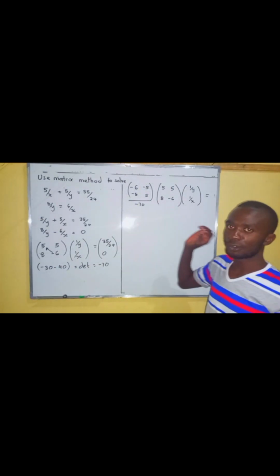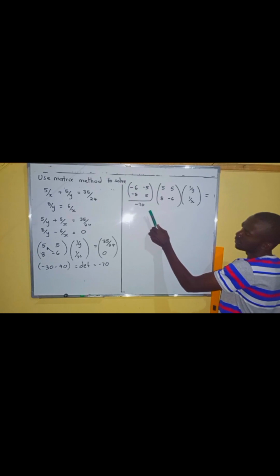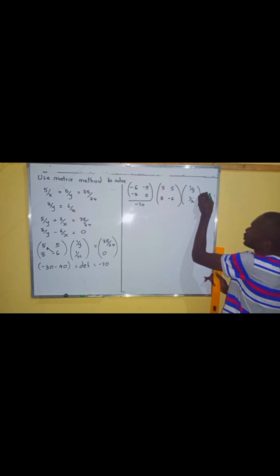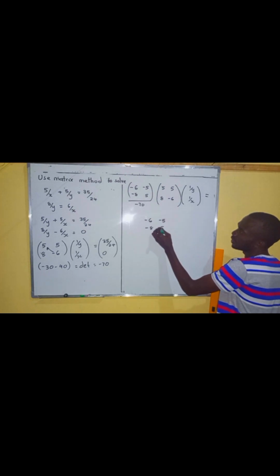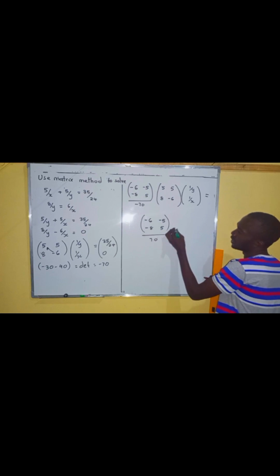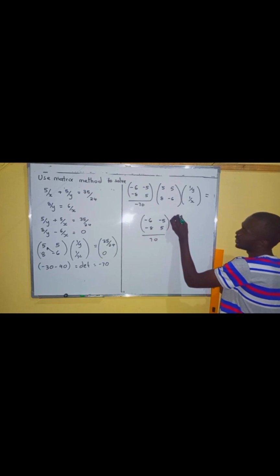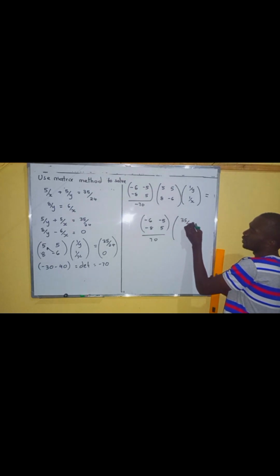On the right hand side of the equation, again, we do the same thing. The inverse of the matrix, negative 6, negative 5, negative 8, 5 over negative 70, then you multiply by the right hand side matrix, 35 over 24 and 0.